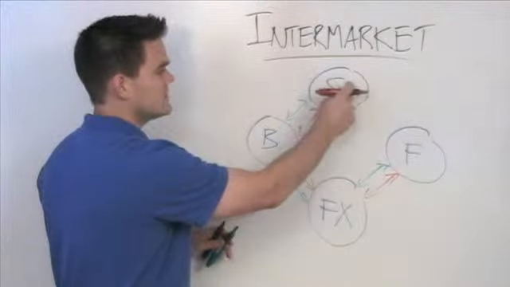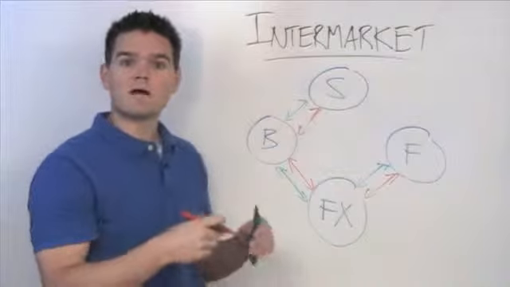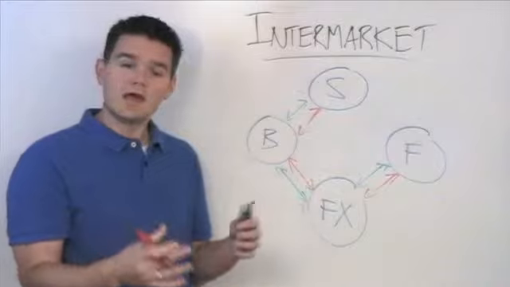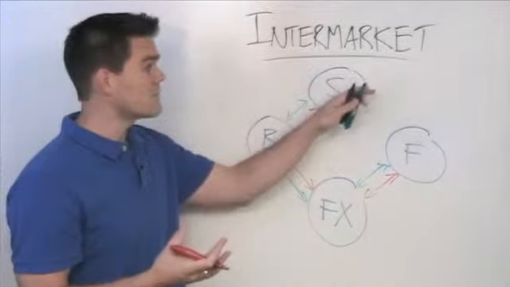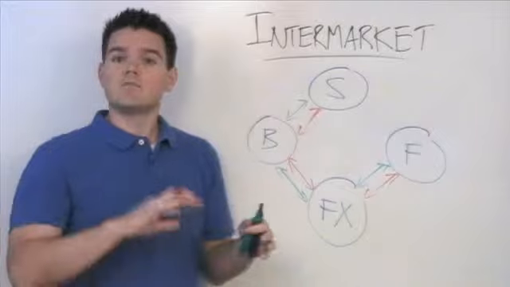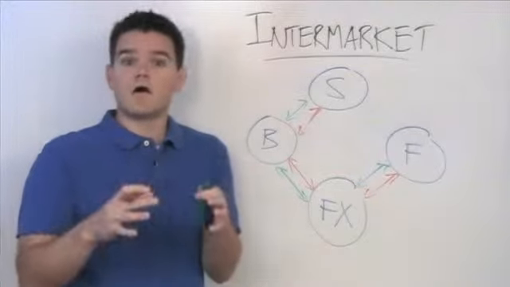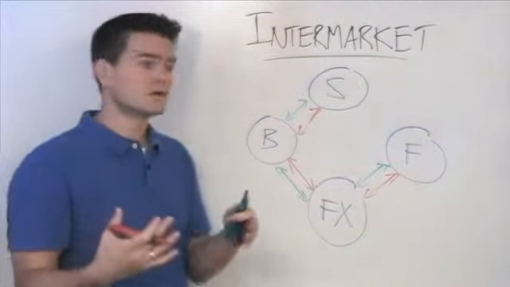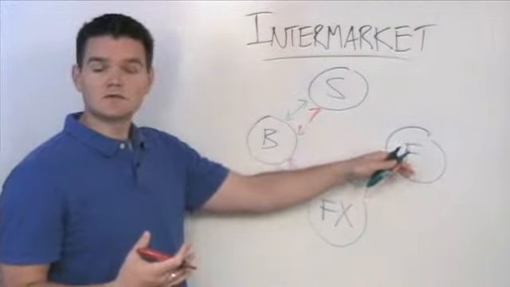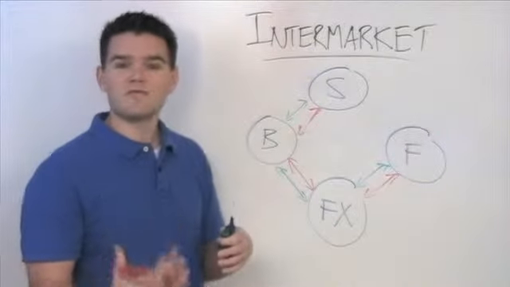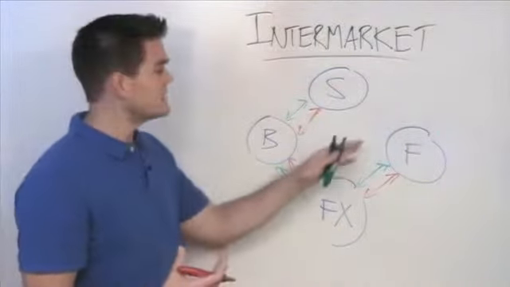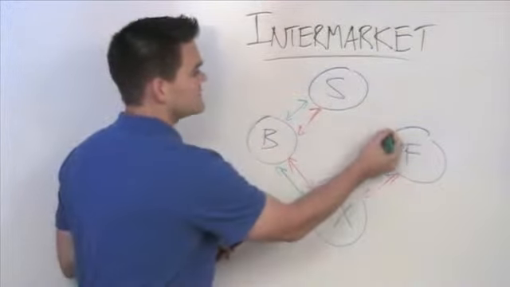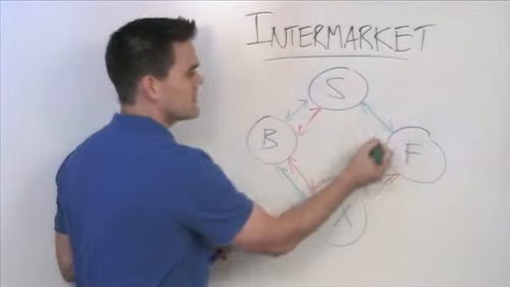The futures market can also give us some great insight as to what might be happening in the stock market. If we see the stock index futures increasing in value even before the stock market has opened for trading on a particular day, maybe there was some news in Hong Kong or China that boosted investor spirits, and they are starting to buy the index futures for the US stock market on the S&P 500 or the Russell 2000, and you see those futures prices increasing, well, then you know that stocks at the open are most likely going to be up.